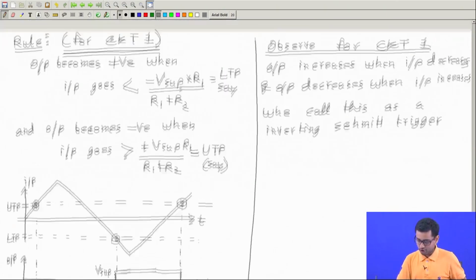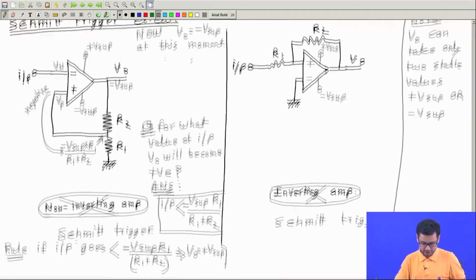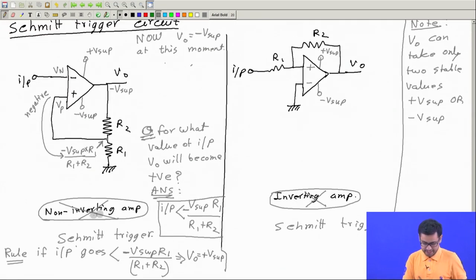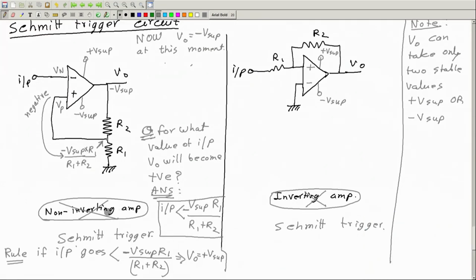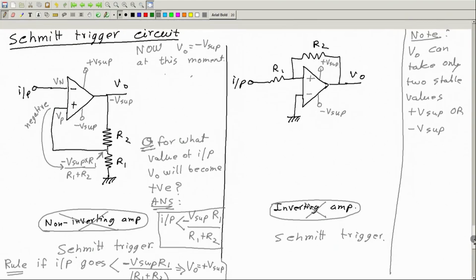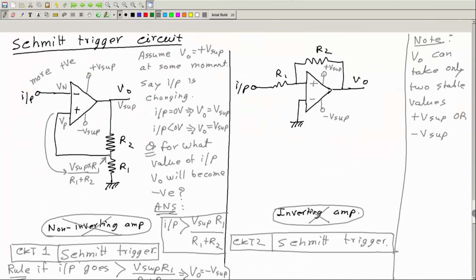This is called an inverting Schmitt trigger, which is nothing but a wrongly or oppositely connected non-inverting amplifier. So, we did the analysis for this. Now, let us do the analysis for this circuit. How will this behave?